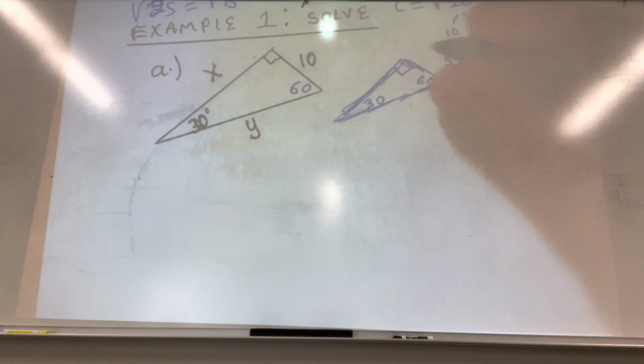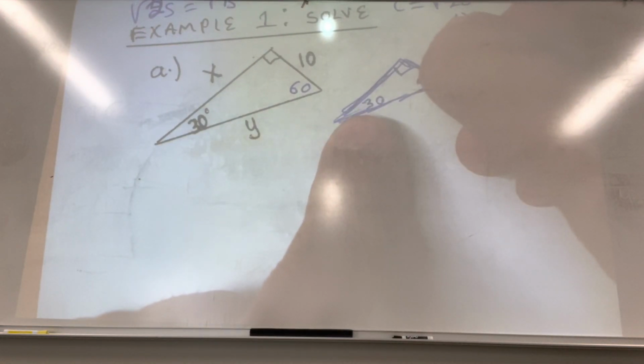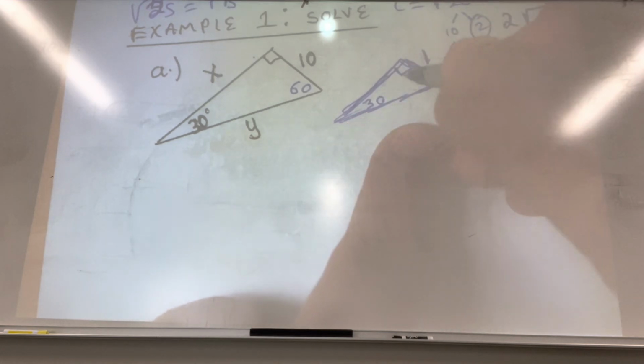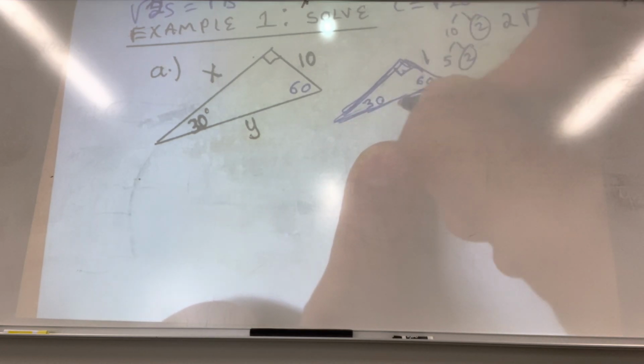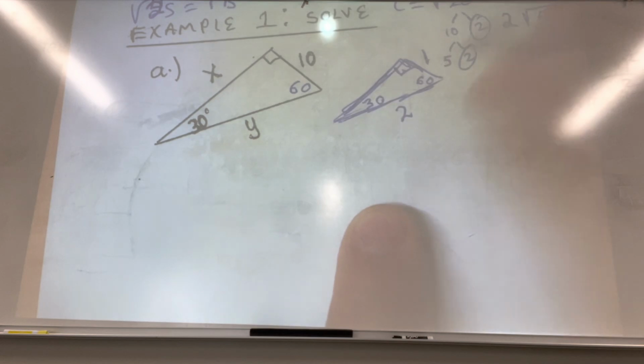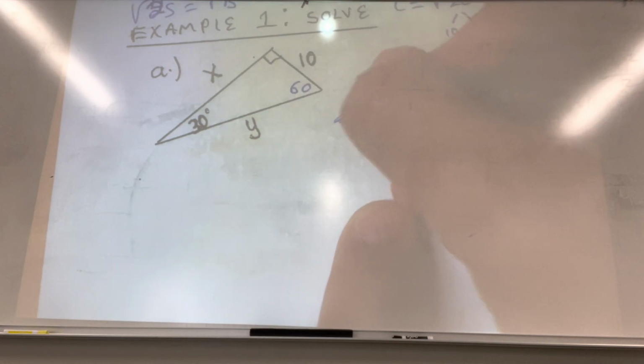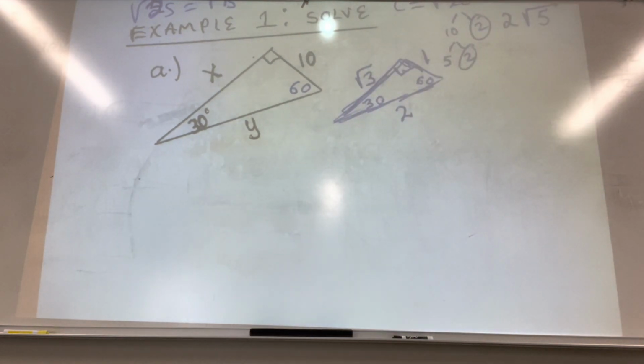Skylar, what goes across from 30? 1. Skylar, what goes across from 90? 2. And across from 60? Radical 3. There it is. Okay, and here we go.